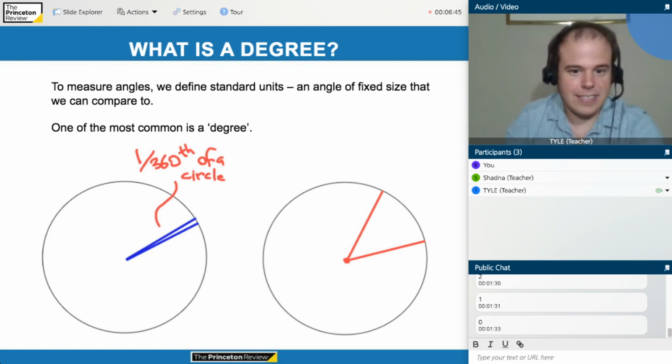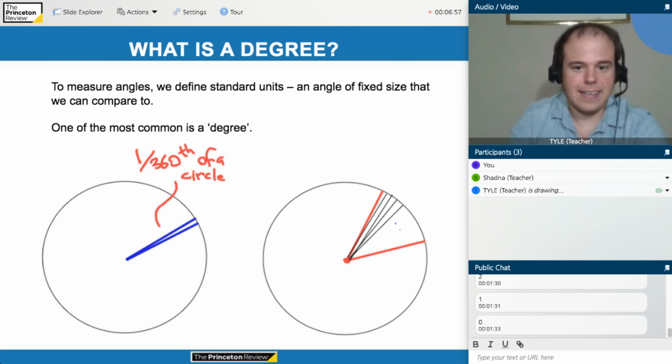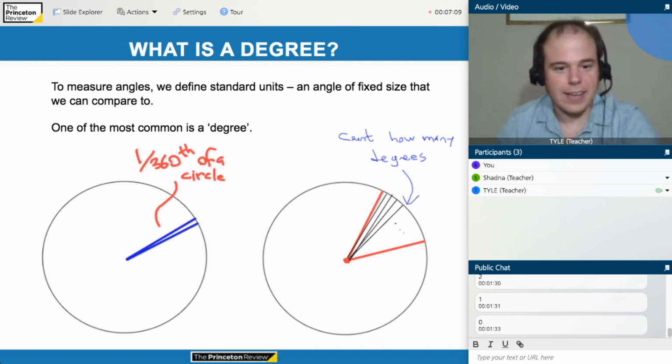So I could start counting: maybe that's 1 degree, 2 degrees, 3 degrees, 4 degrees, and so on. Count how many degrees are in here to determine the measure of the angle.